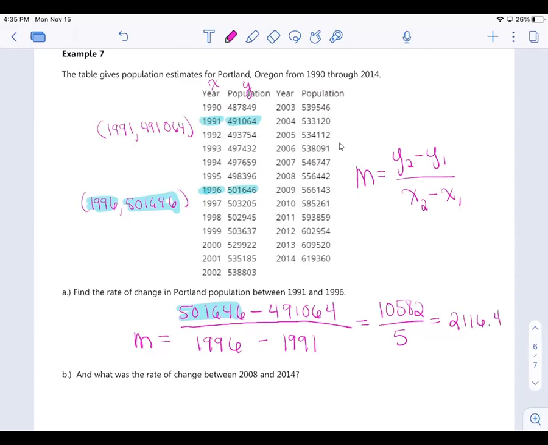So that's telling us between those 5 years, if this thing was linear, our population increased 2,116 people per year. We won't say 0.4, but if we're thinking about it in context, it's hard to think about 0.4 of a person.